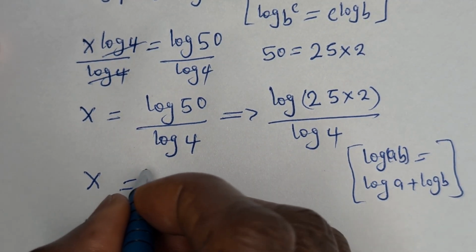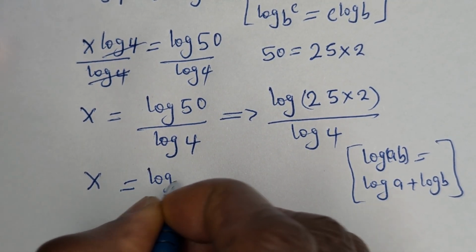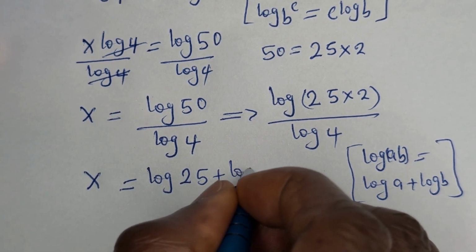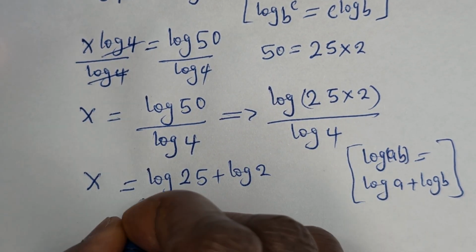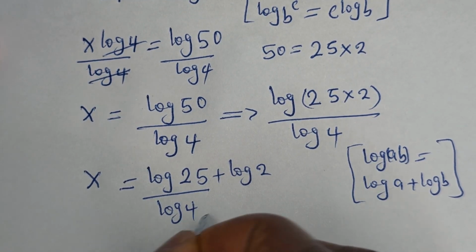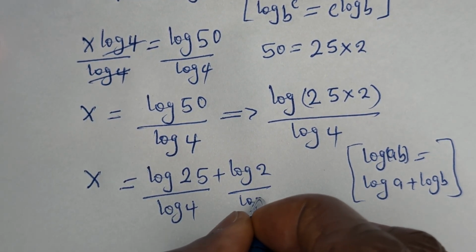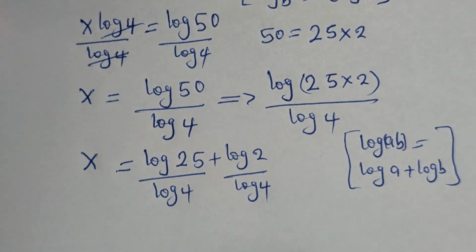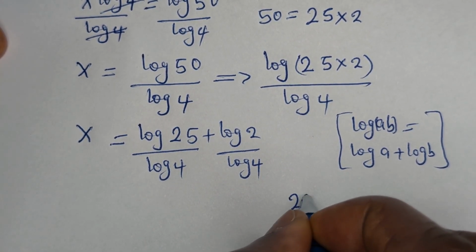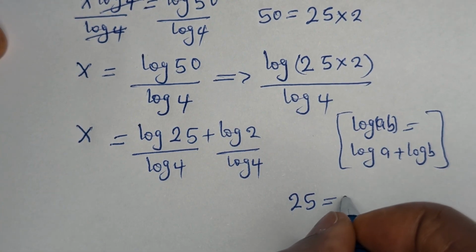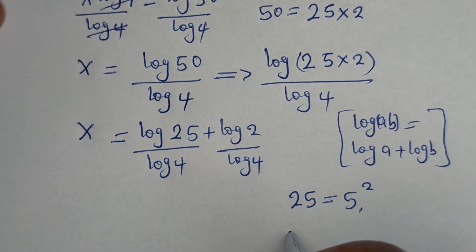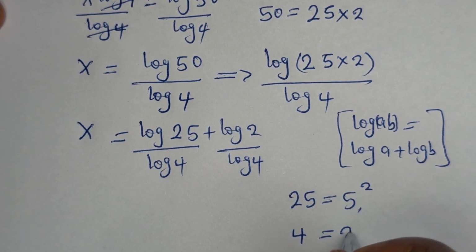And here we have log 25 plus log 2, divided by log 4, and this is divided by log 4. Take note of this, that 25 is equal to 5 square, and 4 is equal to 2 square.